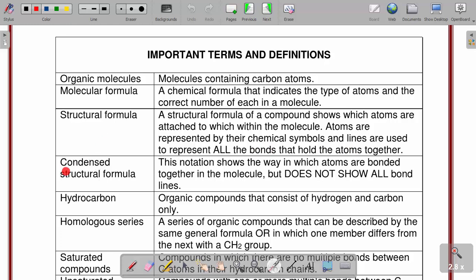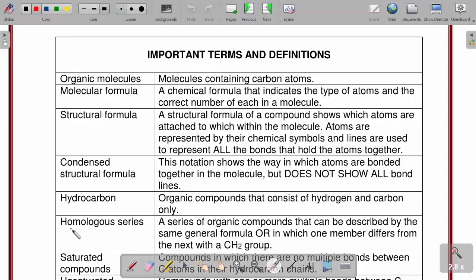Then in a condensed structural formula, this notation shows the way in which atoms are bonded together in the molecule, but does not show all the bond lines. Note something, does not show all the bond lines, unlike in a structural formula whereby all the bonds are shown. Okay. Then a hydrocarbon, that is organic compounds that consist of hydrogen and carbon only.